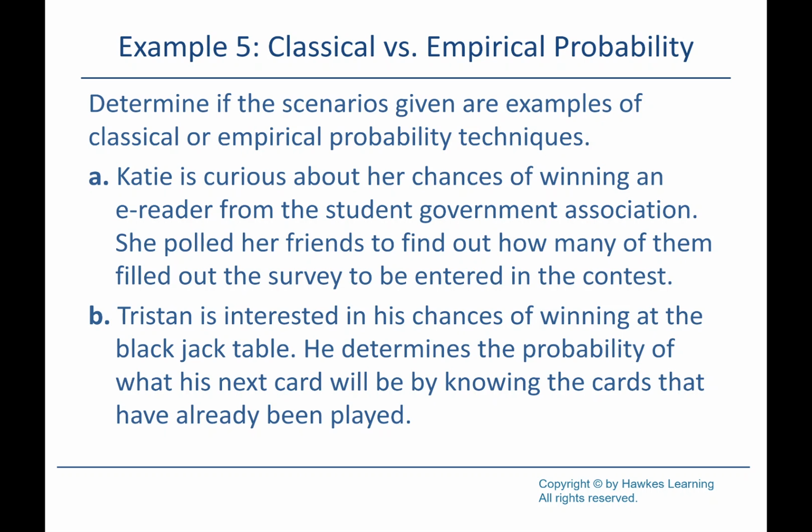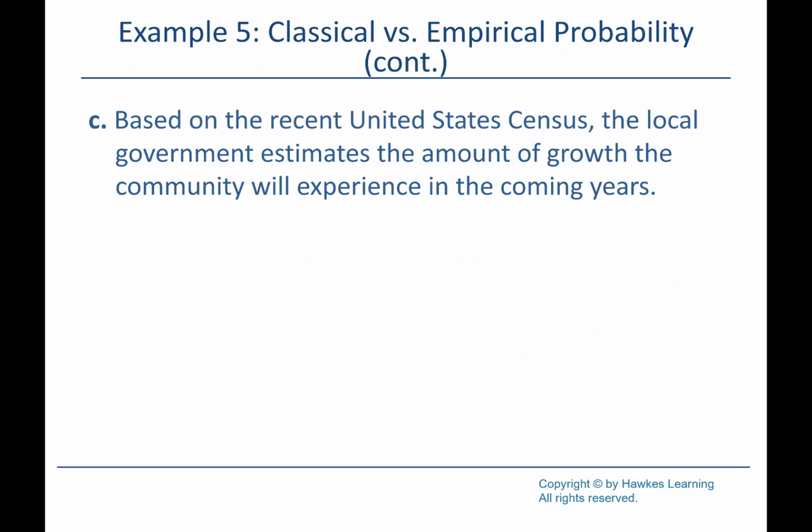And then let's look at C. C's a little bit of a gray area here. I'm not going to give you one that's tricky, I promise. C says, based on the recent United States Census, the local government estimates the amount of growth the community will experience in the coming years. So I say this one's a little bit of a gray area because the idea behind the United States Census is that we collect data from everybody.